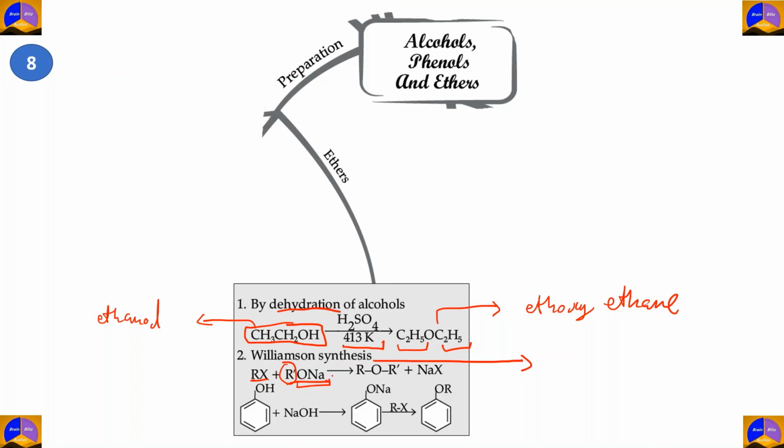So it becomes a sodium alkoxide, and this is an alkyl halide, which changes to become R-O-R', which is the general formula for ethers, and the remaining part turns into sodium halide. So phenol plus NaOH gives you sodium phenoxide, which when treated with alkyl halides gives you benzene with an OR component as its functional group.